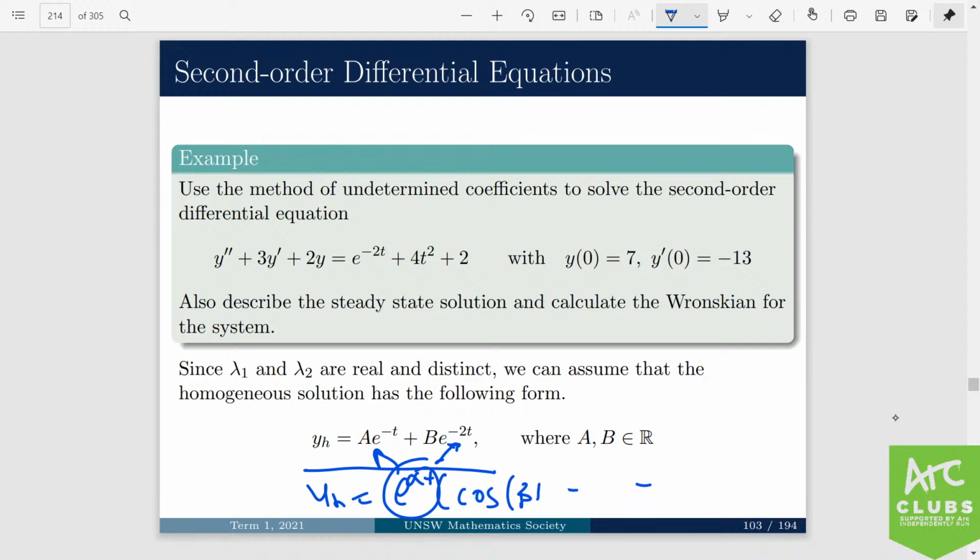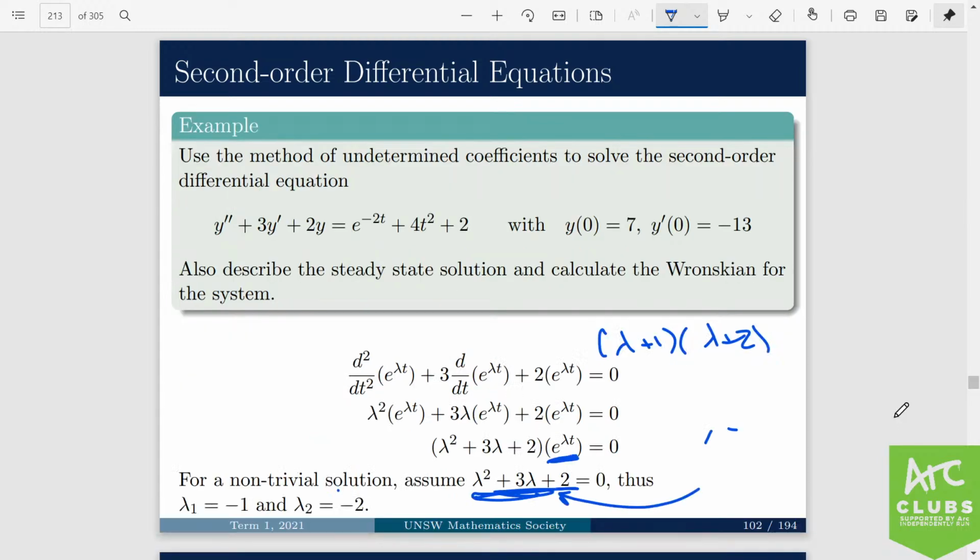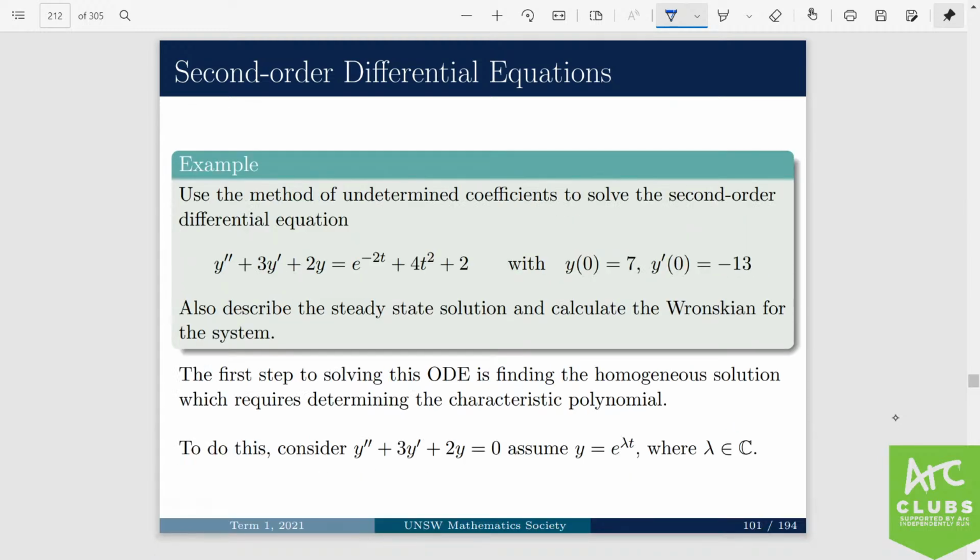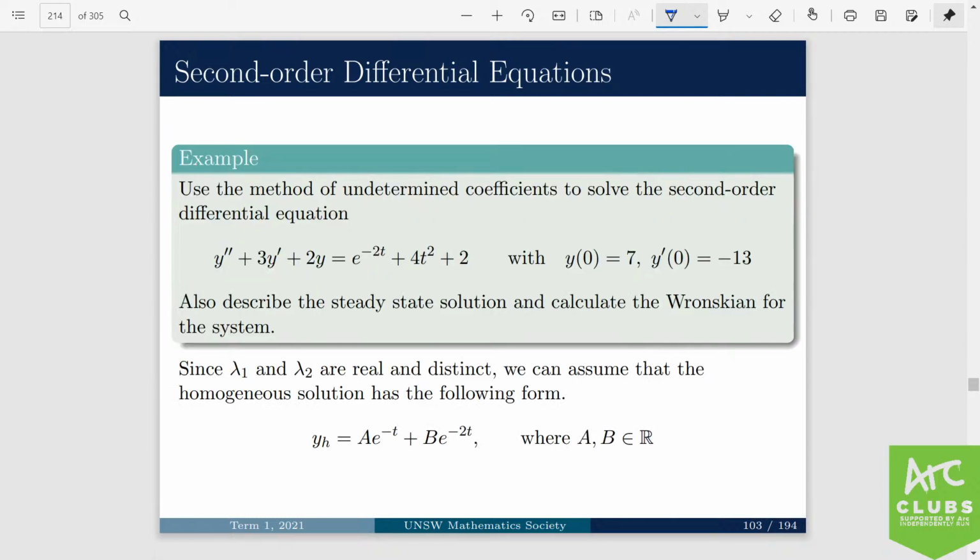So the message there is, if you get confused, just substitute your lambdas back into your initial guess for y, which was here, and then expand from there, and you'll get your homogeneous solution. So we've just put a and b, because we're not sure what multiples of that we have.